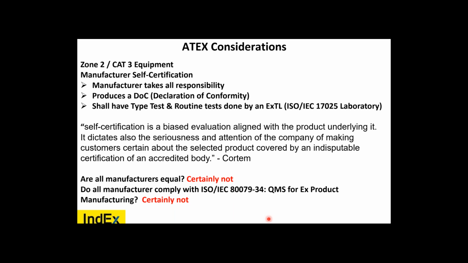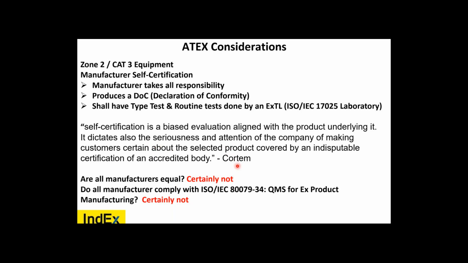Do manufacturers ever know what happened to their products 10, 20, 30, 40 years later? Do they know if it caused an explosion? I'll ask you this. When an explosion happens, can anybody track it down to an electrical piece of equipment, or perhaps has that piece of equipment exploded and is no longer found? I would say it's no longer found. Now, are all manufacturers created equal? Certainly not.